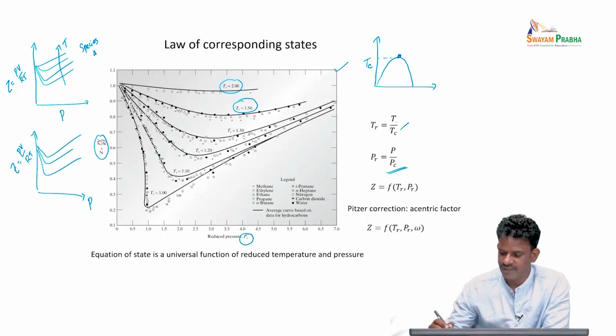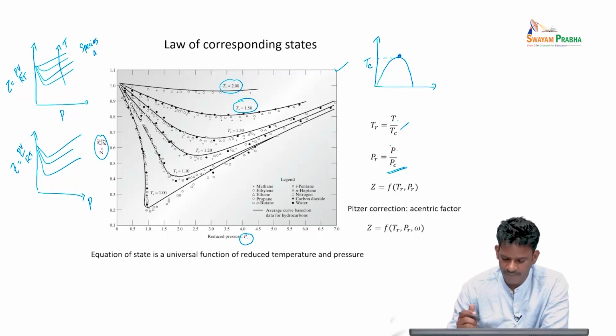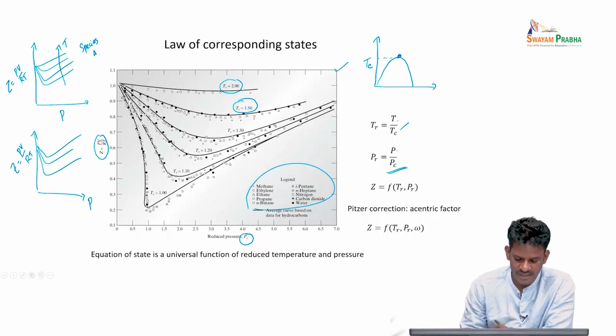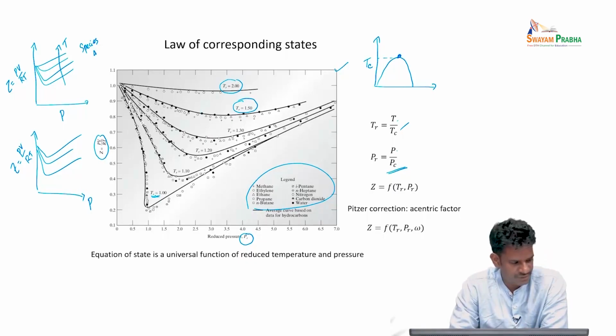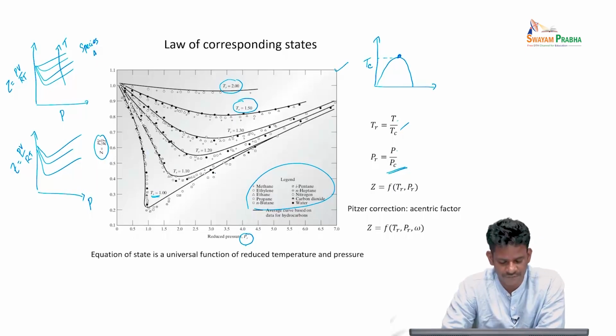If you normalize the temperature and pressure with respect to the unique set of critical constants, namely the critical temperature and critical pressure, the compressibility factor for many chemicals falls on the same line. For example, if you take Tr equal to 1.00, and take each species' compressibility data and plot it in terms of normalized pressure and normalized temperature, you see that they all fall in a family of curves.